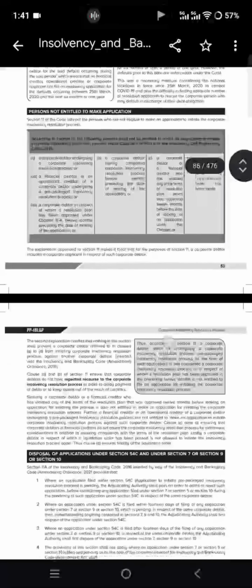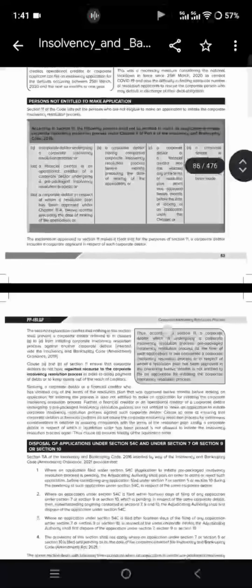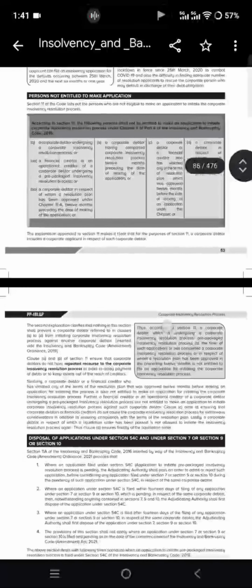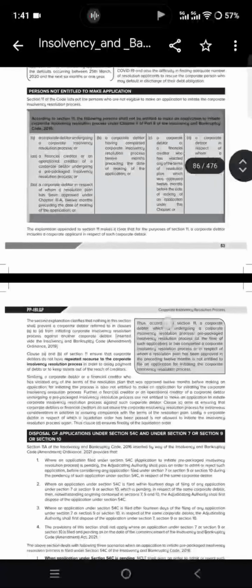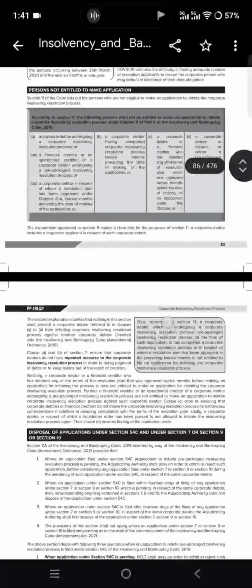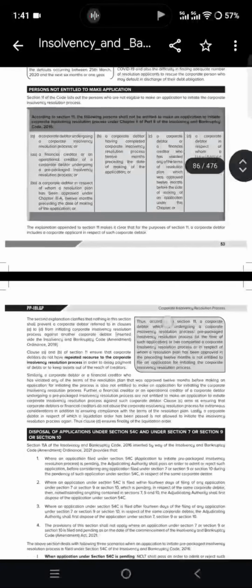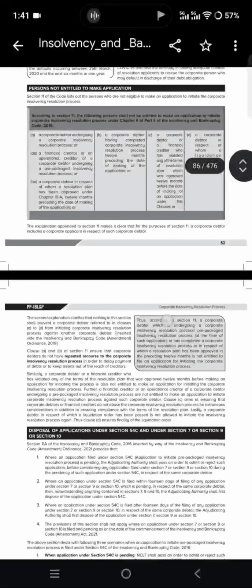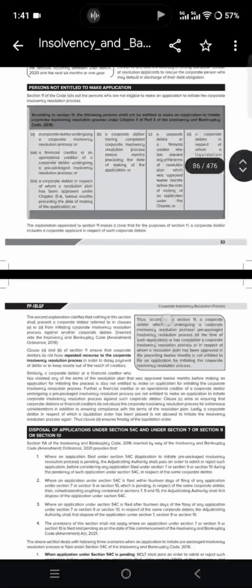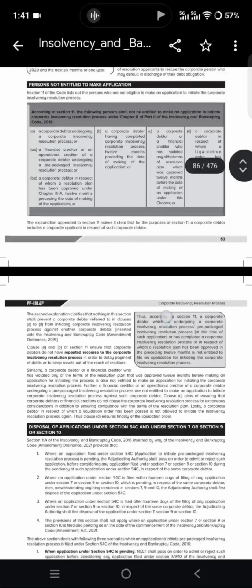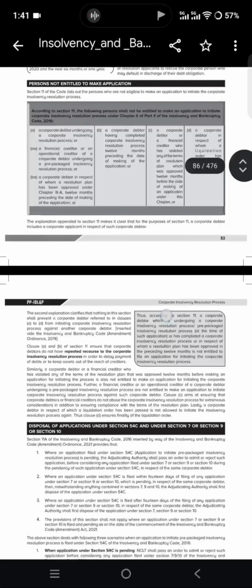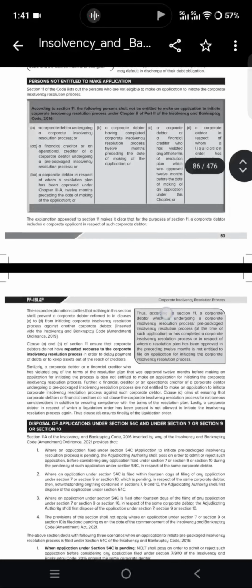The aforesaid section covers default of the corporate debtor which arises after 25 March 2020 emerging due to COVID-19 and shall remain suspended for 6 months or up to 1 year. However, defaults prior to this date are enforceable under the code. This was a necessary measure considering the national lockdown in force since 25 March 2020 to combat COVID-19 and also the difficulty in finding an adequate number of resolution applicants to rescue the corporate persons who may default in discharge of their debt obligation.